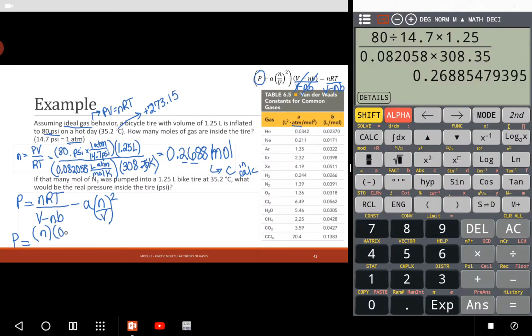My R is 0.082058 liter atmospheres per mole Kelvin. And my T is 308.35.